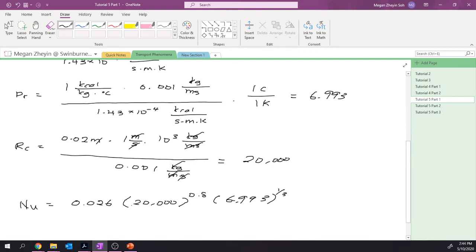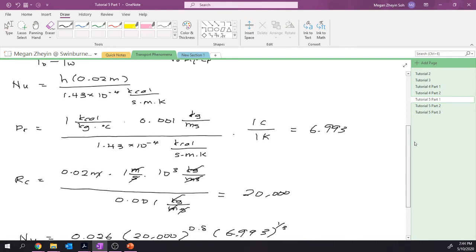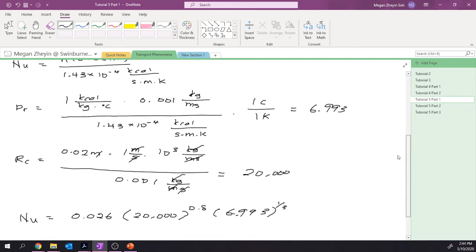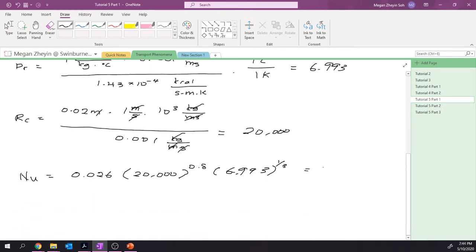Then we can substitute this back to this equation here. So over here we should get 137.199.